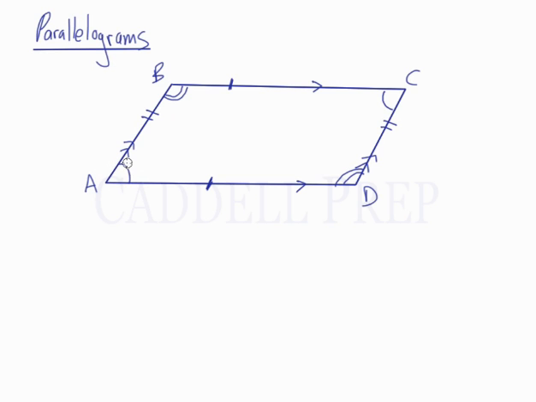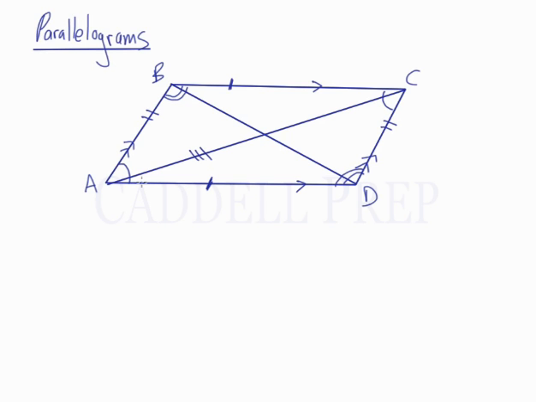Alright, let's look at what happens when we draw the diagonals. So let's draw a diagonal from A to C and from B to D. The diagonals actually bisect each other. So BD splits AC in half.